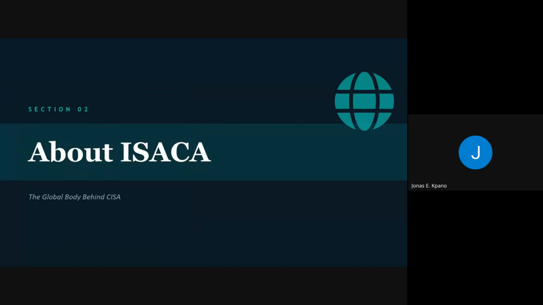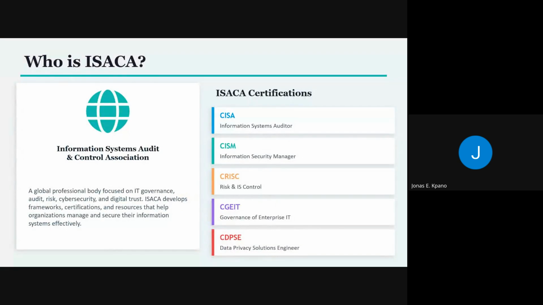So who is ISACA? About ISACA. ISACA is the Information Systems Audit and Control Association. They are the global professional body focused on IT governance, audit, risks, cybersecurity, and digital trust. ISACA develops frameworks, certifications, and resources that help organizations manage and secure their information systems effectively.